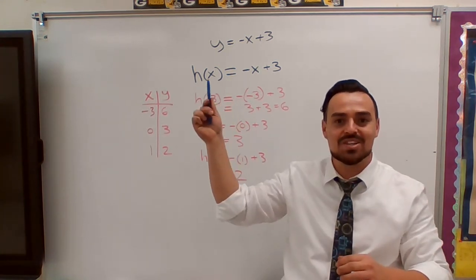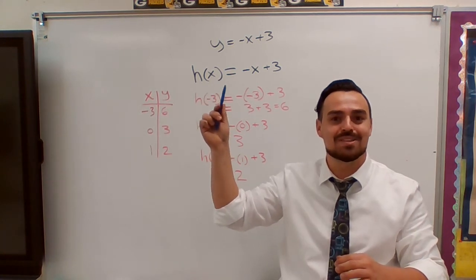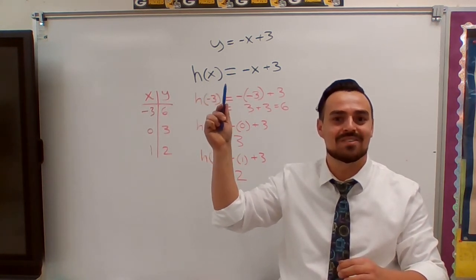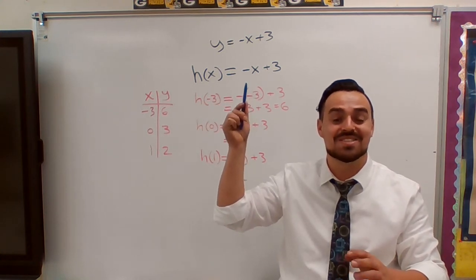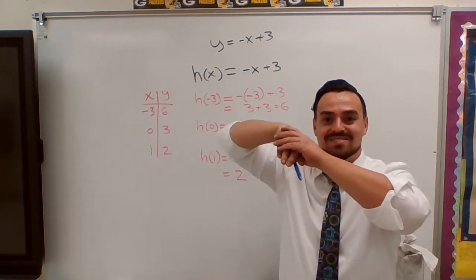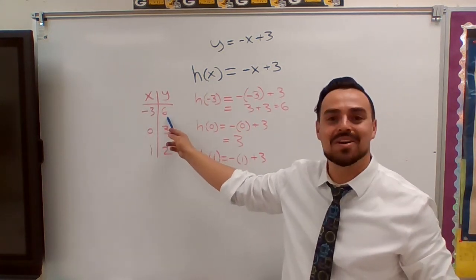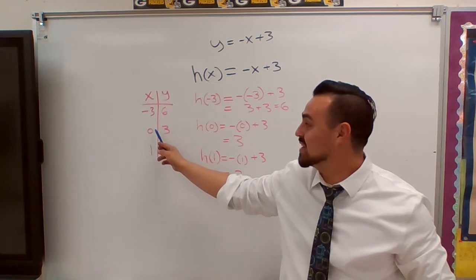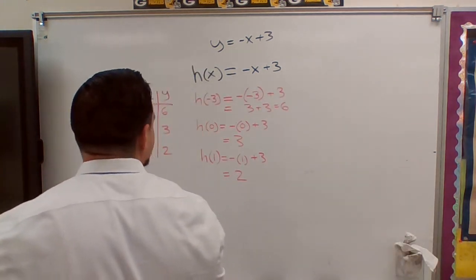Well, this x right there is the hole to put the sausage meat in. You plug in the meat right there, and you plug it in for every value of x that you see in your equation. Out comes this different value. You plug in -3, out comes 6. You plug in 0, out comes 3. You plug in 1, out comes 2.